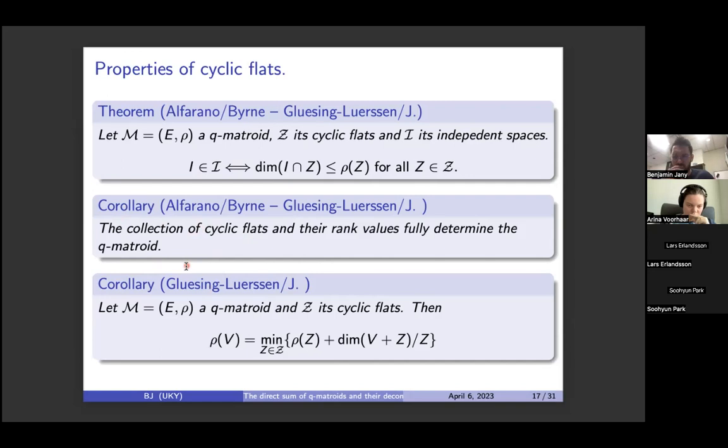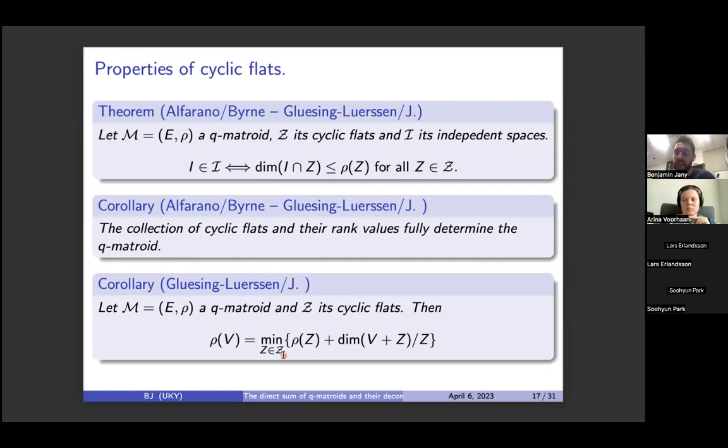Okay, so there are different ways to see this fact. But another fact we have is that one can rewrite the rank function of a q-matroid by considering only the cyclic flats and their rank values.